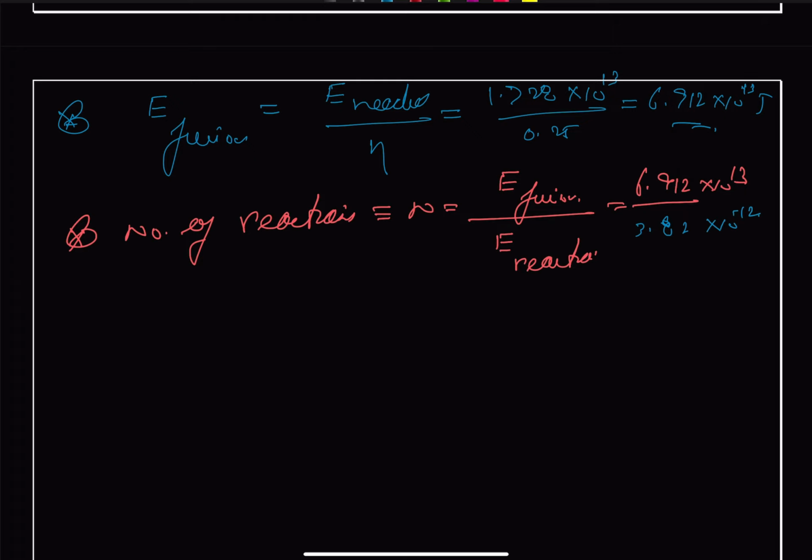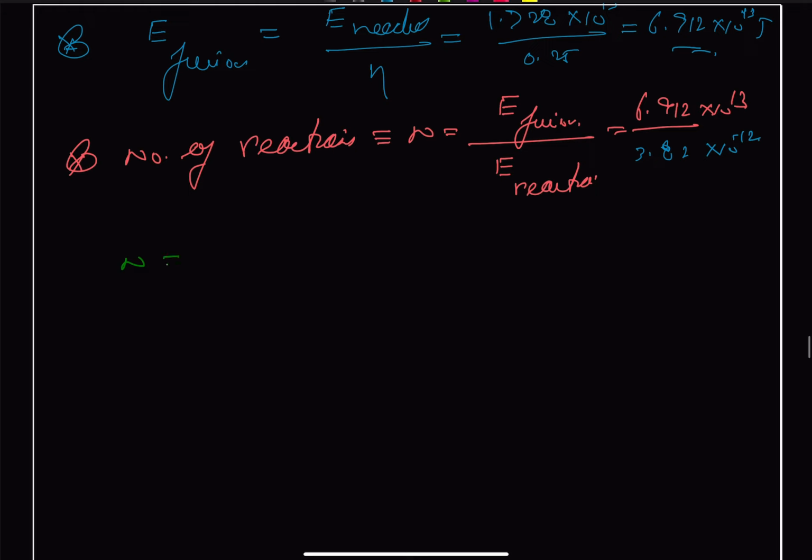So from here we get the number of reactions is equal to 1.81 into 10 to the power 25.